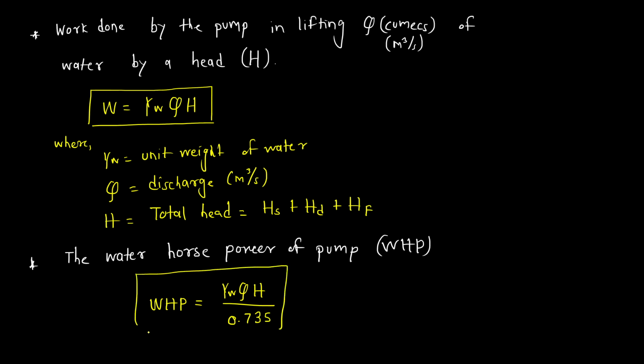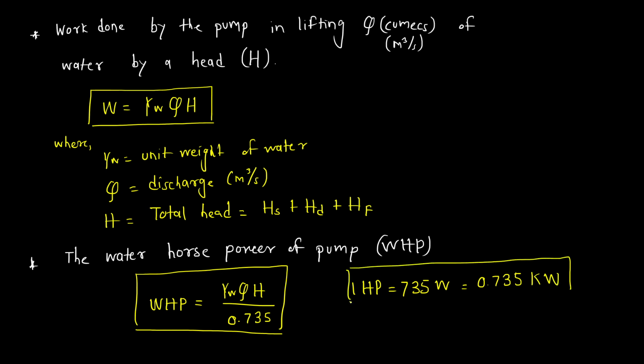Now what is that 0.735? We know 1 horsepower is equal to 735 watts, which is equal to 0.735 kilowatts. So from here we have taken the 0.735. The unit for W is kilonewton meter per second.